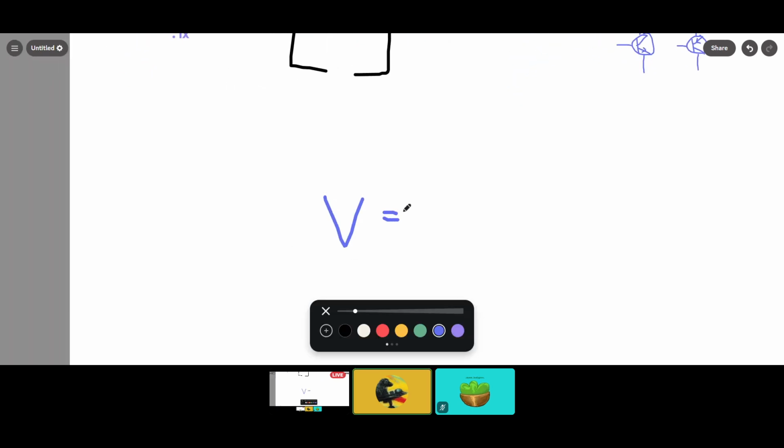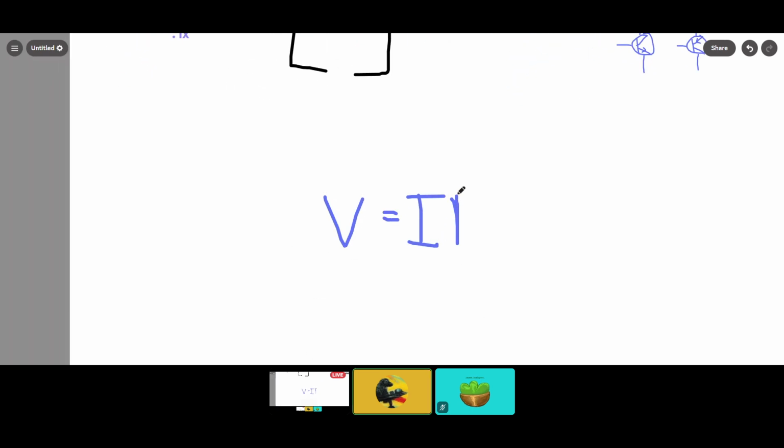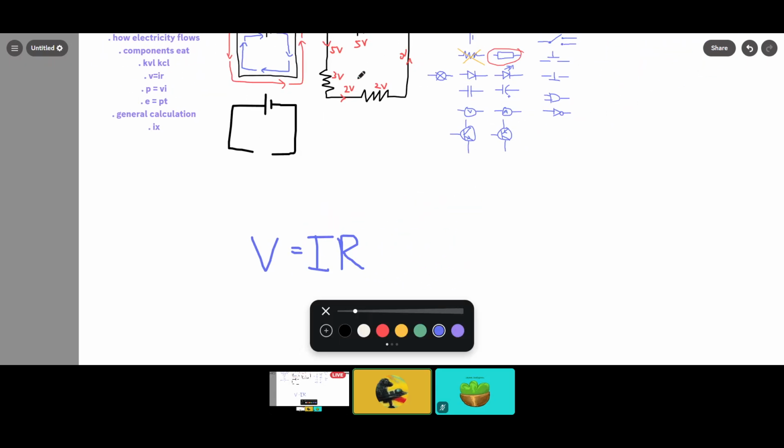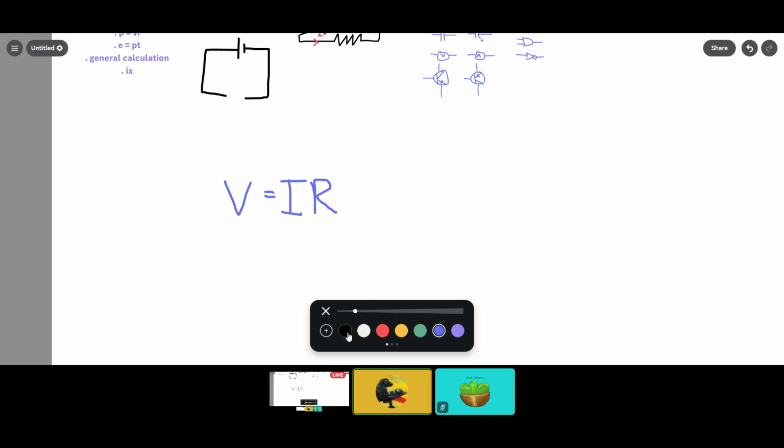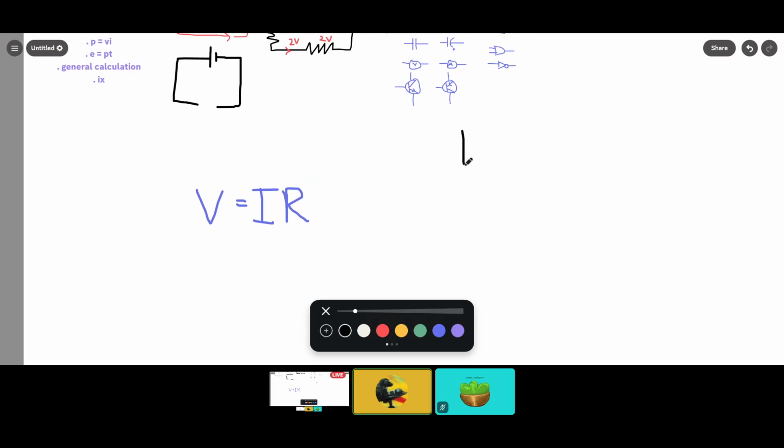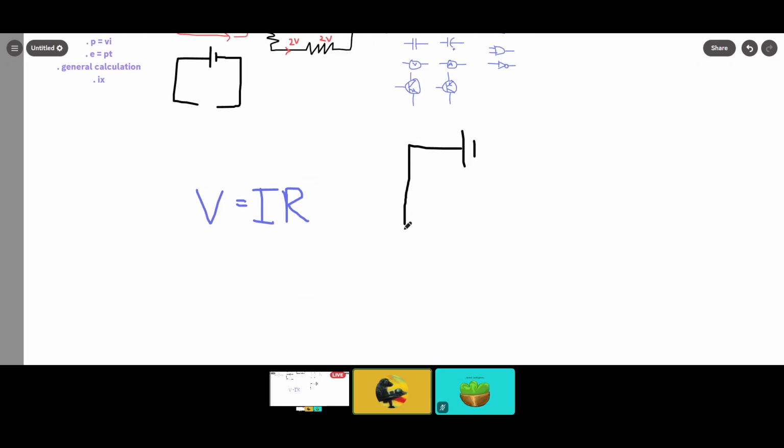V equals IR is an equation that relates voltage, which we've talked about, to I and R. What are I and R? I stands for current and R stands for resistance. So what is current? Well, we've actually talked about this already.